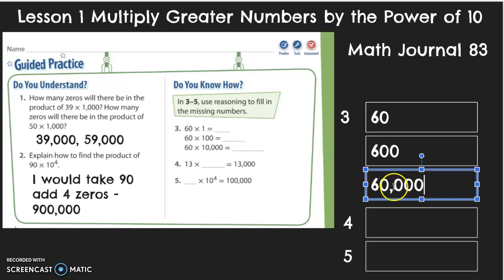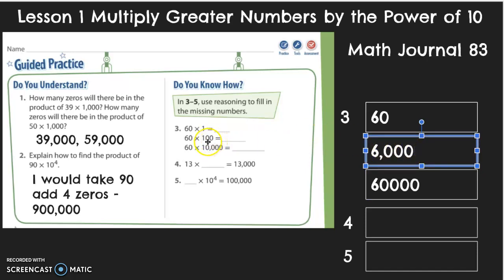I did it again. 60 times 1 is 60. 60 times 100 would actually be 6,000 because I have the 2 zeros from the 100, but I also have the 0 from 60. And 60 times 10,000, here's my 60, and now I add the 4 zeros, and I get 600,000.